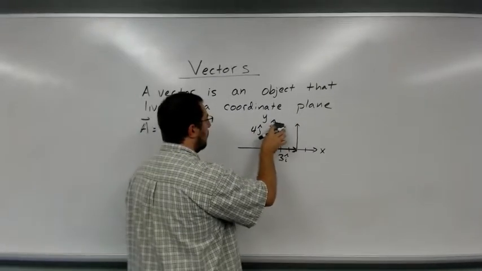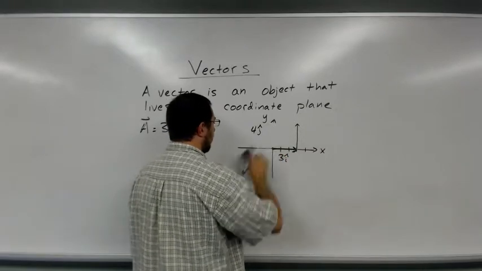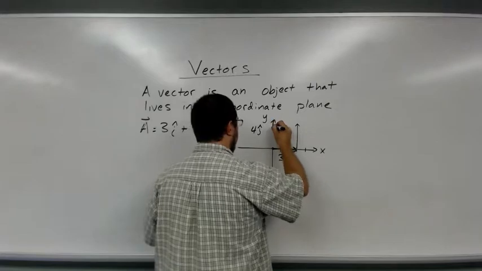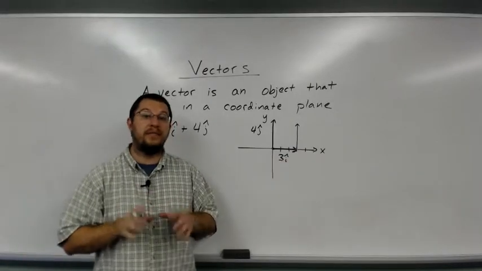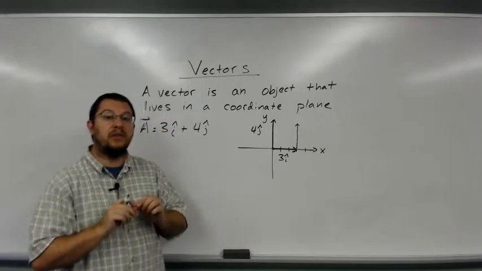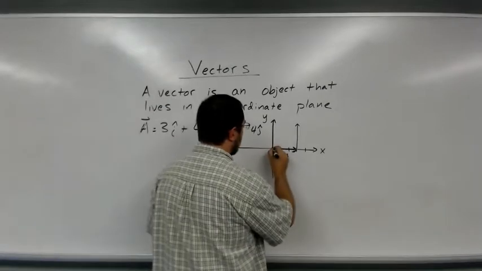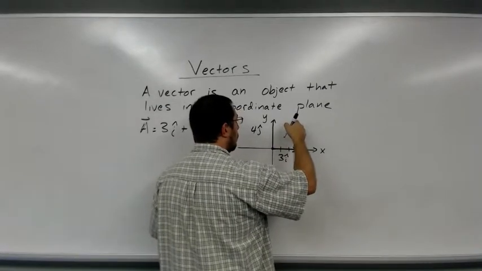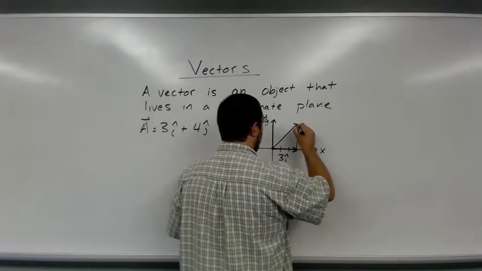I no longer need that vector, but I'll redraw my axis. And so now this vector A is going to be the total distance from the origin to the new tip. Okay?